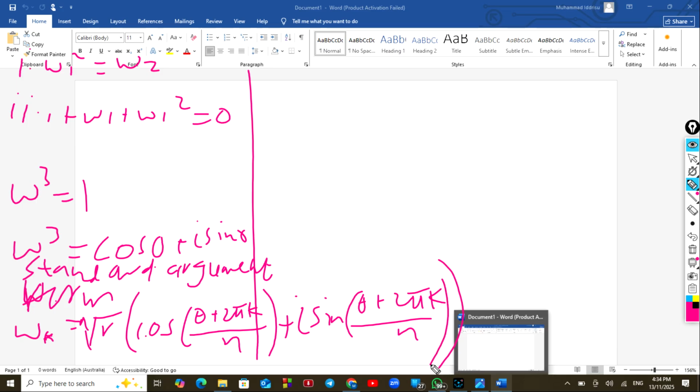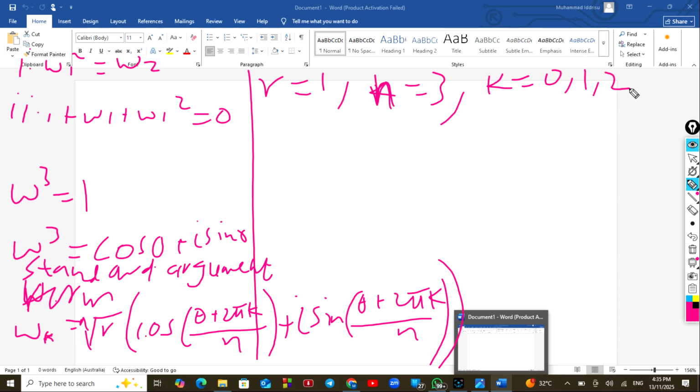In this case, r, which is the length of our complex number, is equal to 1, and n is equal to 3, and k is equal to 0, 1, 2.